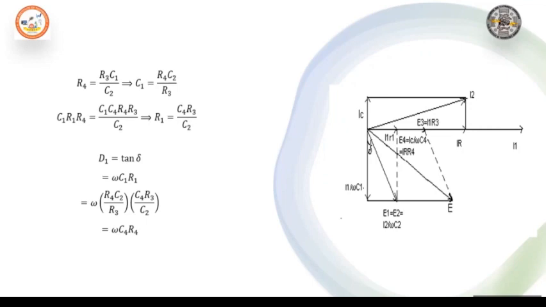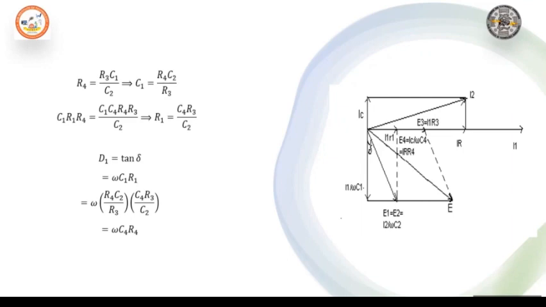Similarly, you can also find the dissipation factor D. For R1 and C1 in a series circuit, it is the cotangent of the phase angle phi x. That is, D is equal to cotangent of phi x, which is equal to 1 by tan phi x, which gives omega R1 C1, which is equal to omega R4 C4.